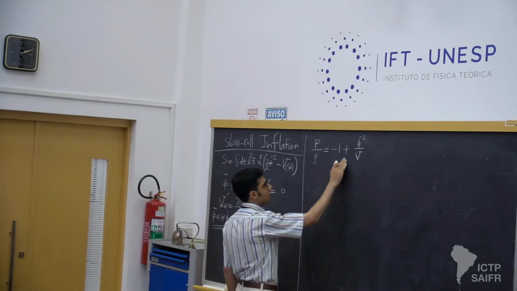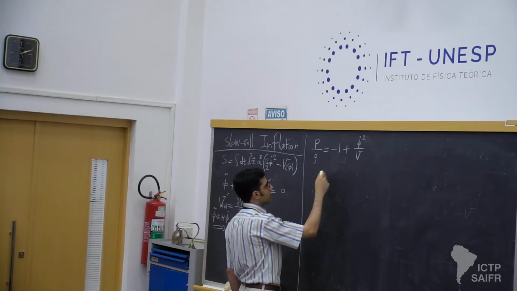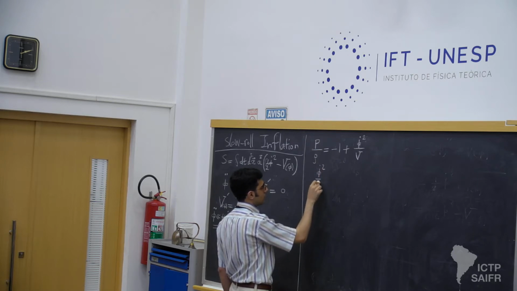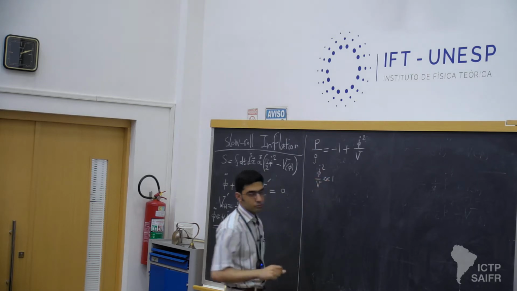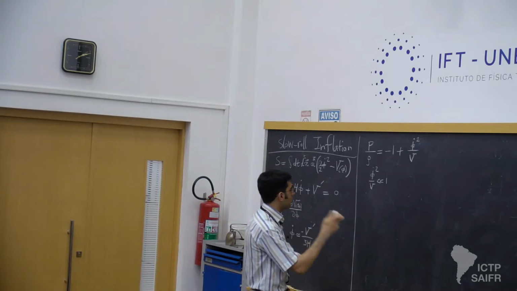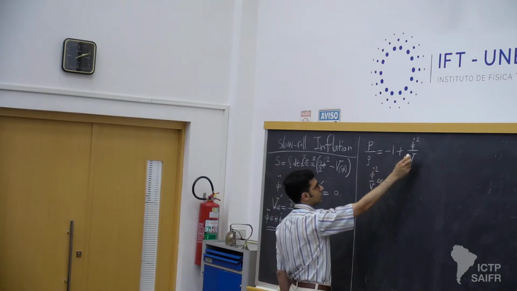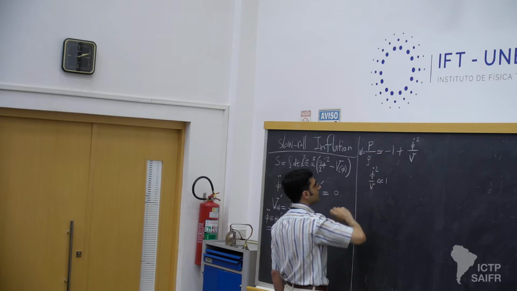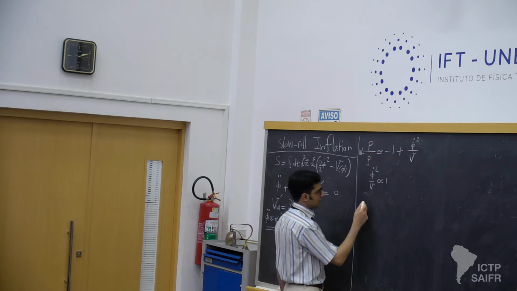And so the requirement that w is near -1 is that phi dot squared over V has to be much less than 1. So we want to check whether this condition is satisfied. Or another way of seeing this, so this was w, which we approximated here.